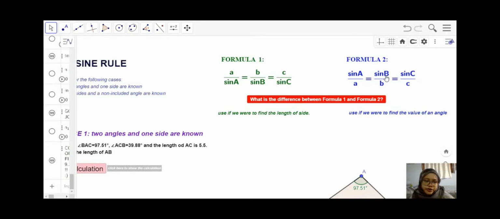We use formula 2 because it is easier than formula 1 when we want to find the angle.